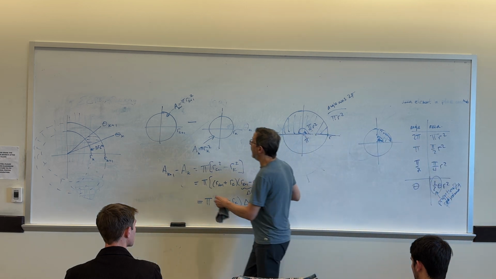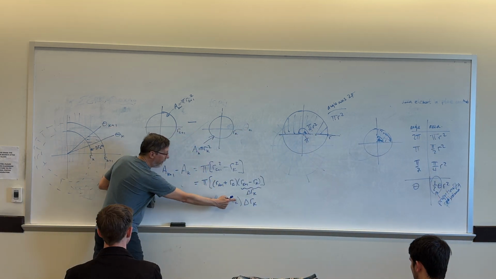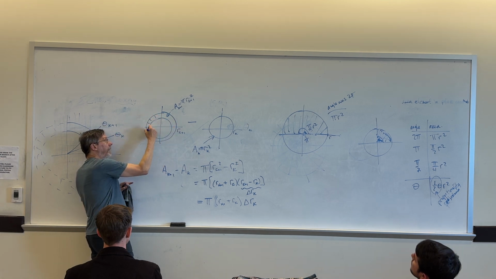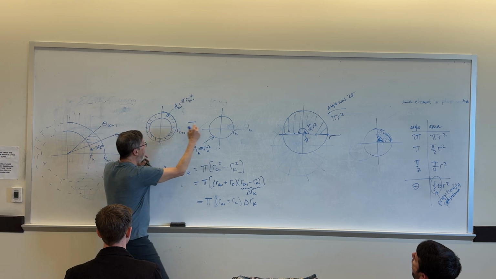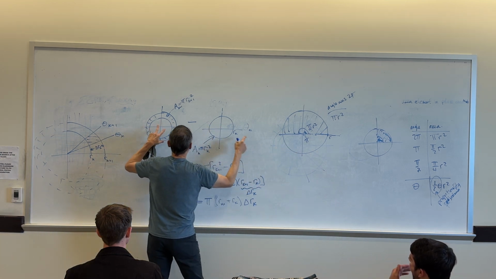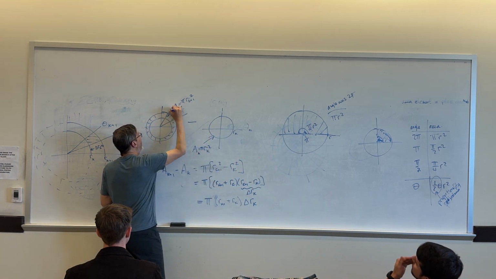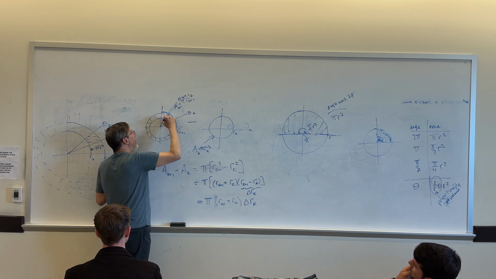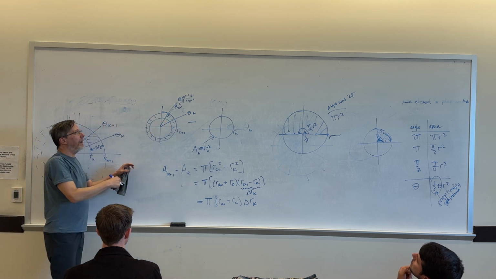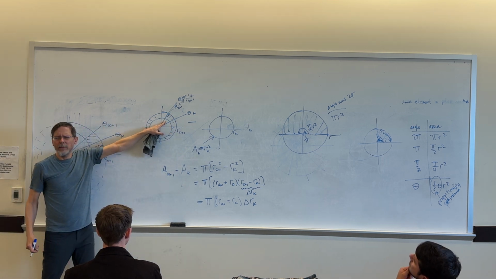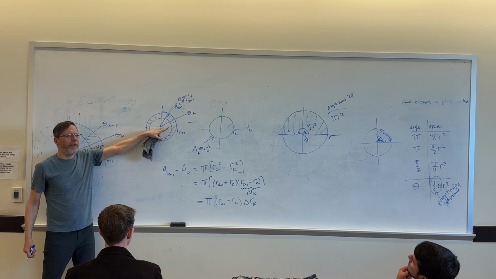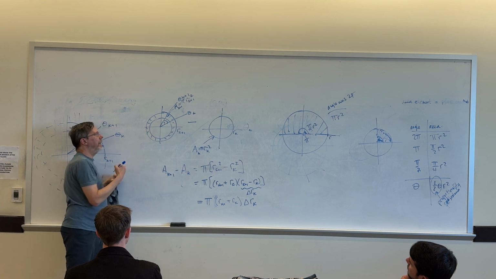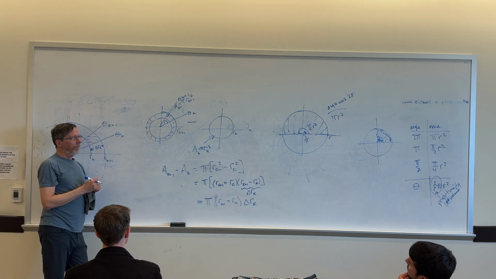So now let's come back over here. If I've got the area of the difference between these two, with theta sub k and theta sub k plus 1, what's the angle measure right there between those two lines?